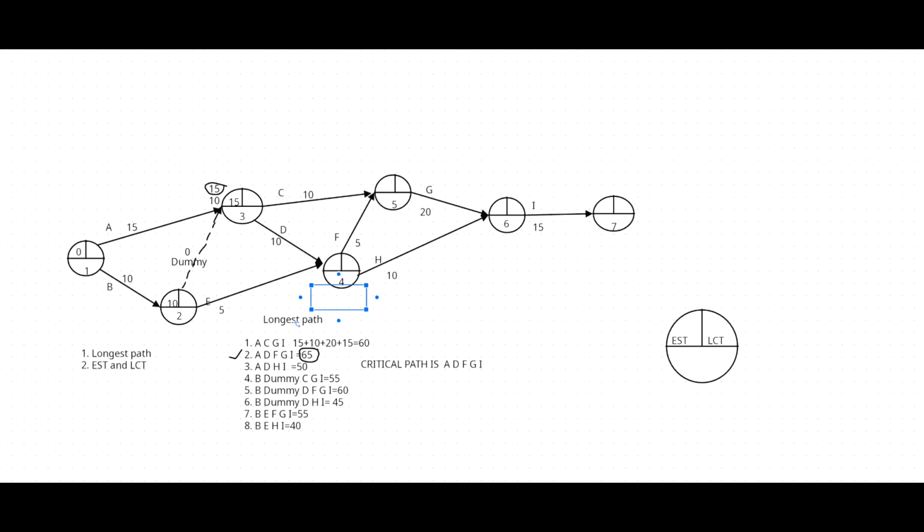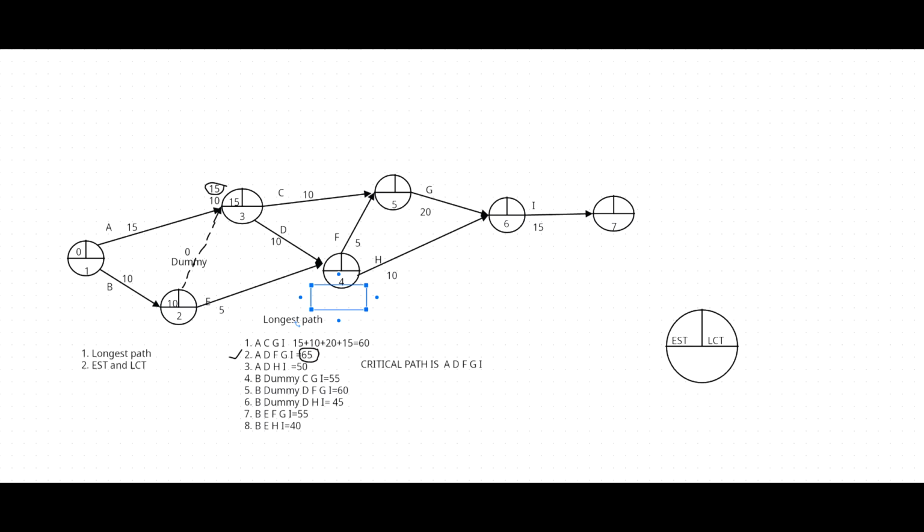When calculating the early starting time, remember, start from 0, then add the activity duration and calculate the next event's early starting time. If one particular event has more than one path, calculate the values separately and get the highest value. The easiest way to remember: add in and select the highest value.